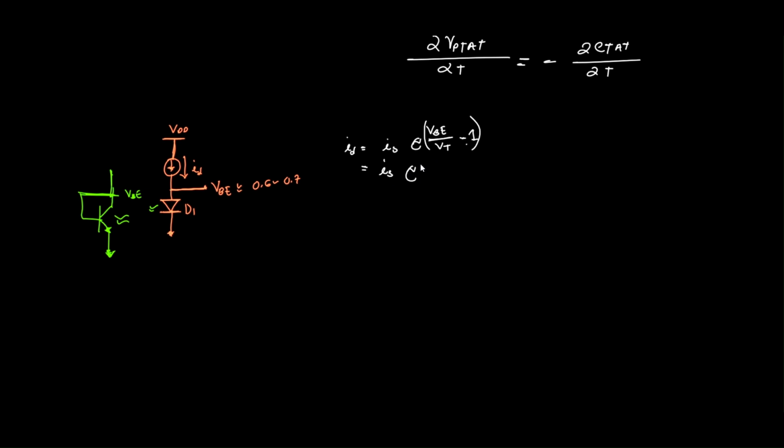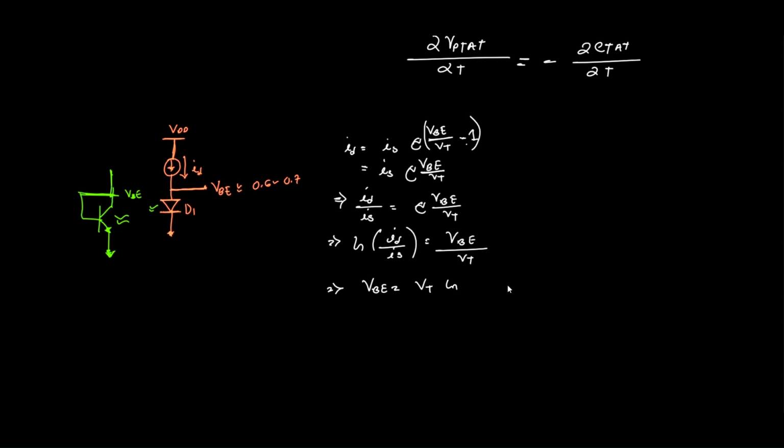We can ignore this minus 1. So finally, we can get that VBE equals VT ln ID by IS, which is approximately 0.6 to 0.7.